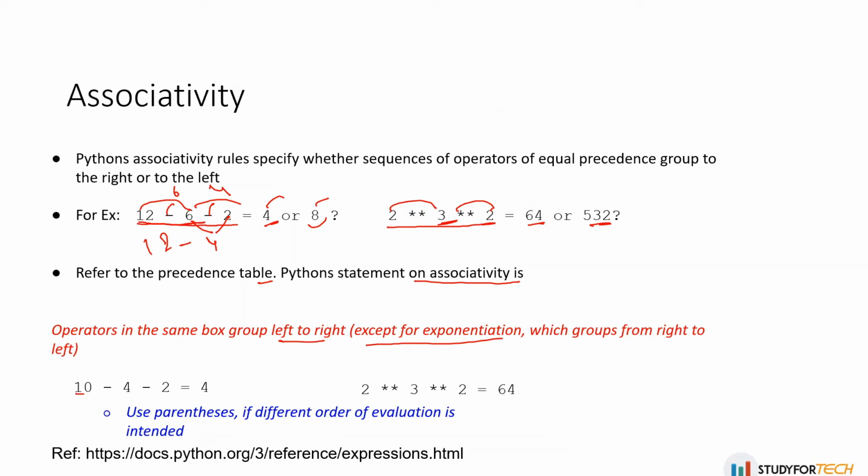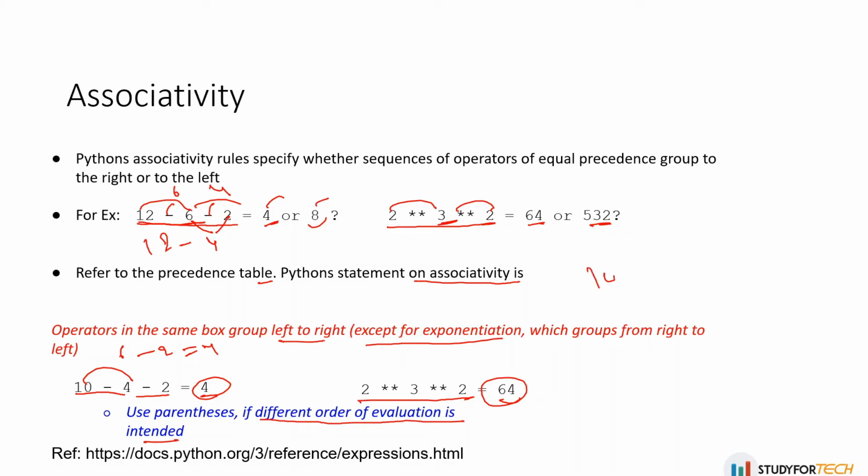So if you see here 10 minus 4 minus 2, this will be the output 4. It will first be this one, which is nothing but 6 minus 2, this is 4. You can see here, this result will come for exponentiation. So use parentheses if a different order of evaluation is intended.